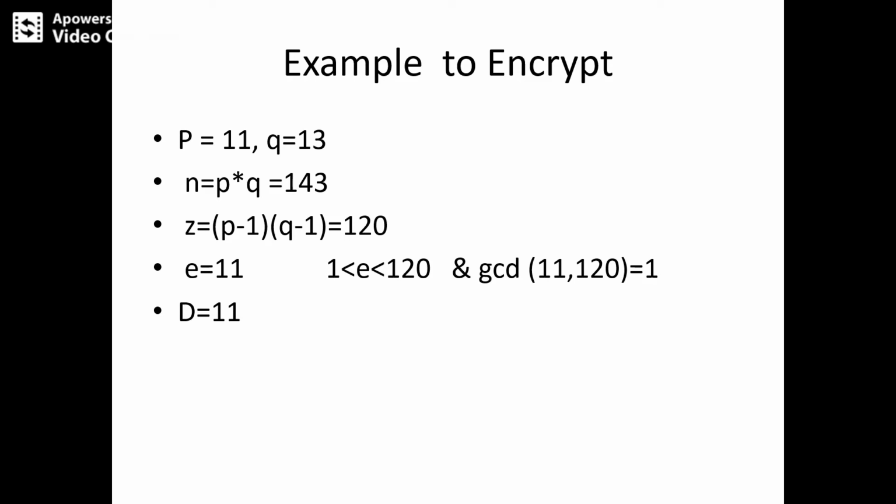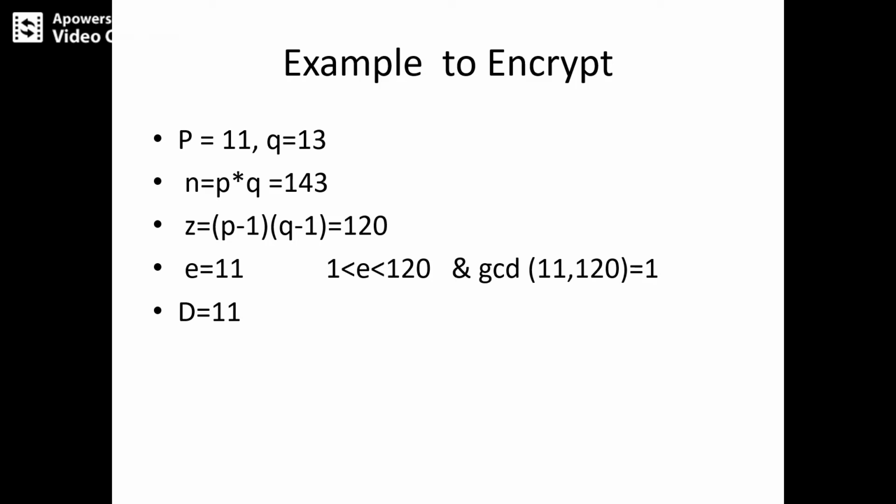And similarly, E is co-prime to the product of the prime numbers. So GCD of E comma Z equals 1. The greatest common divisor of 11 comma 120 is 1. So we have selected E is equal to 11.